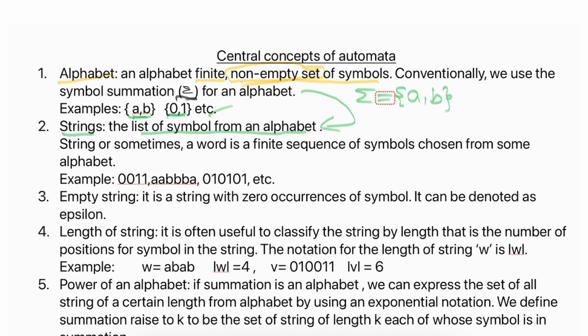Then a string of this alphabet can be, for example, A, B, B, B, A. If the alphabet is with zeros and 1, then the possible strings can be 0101, 01 or 0011 like this.